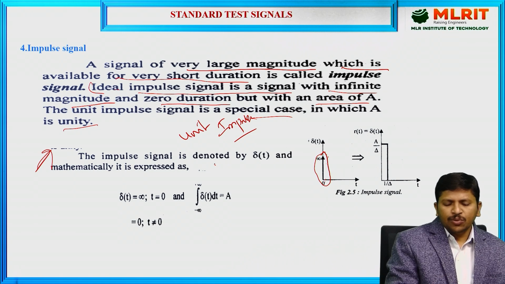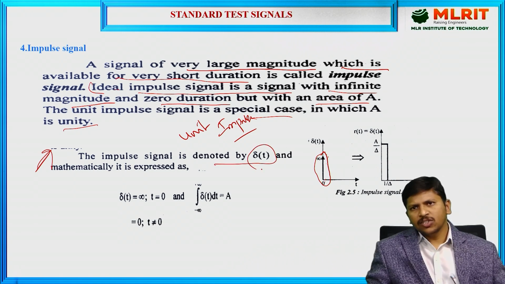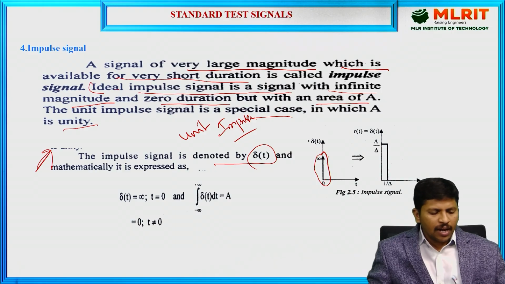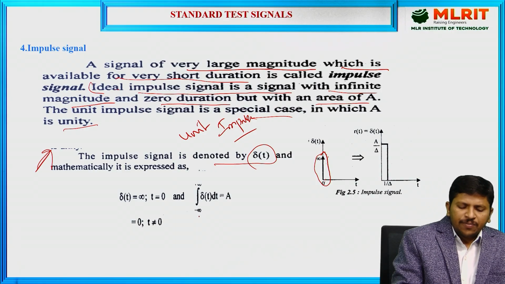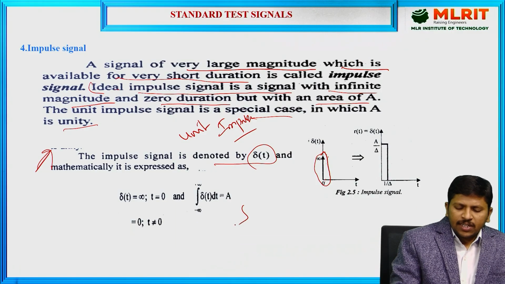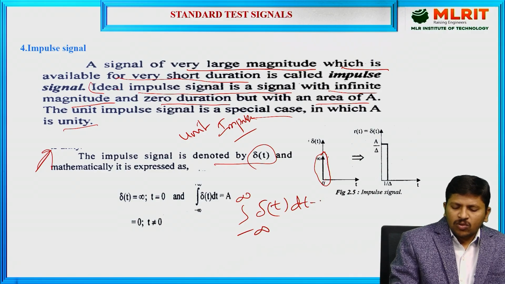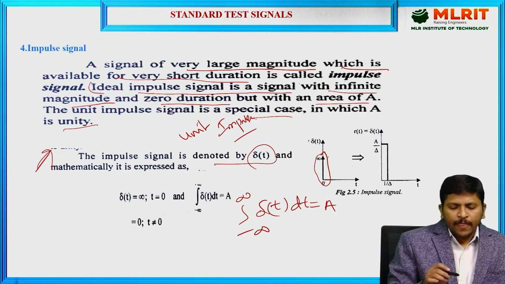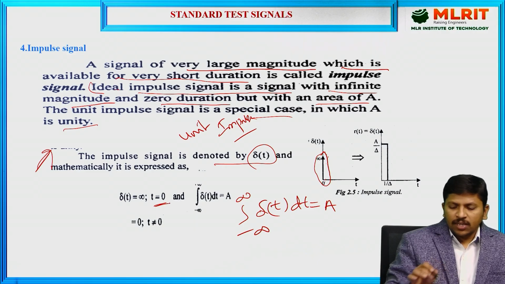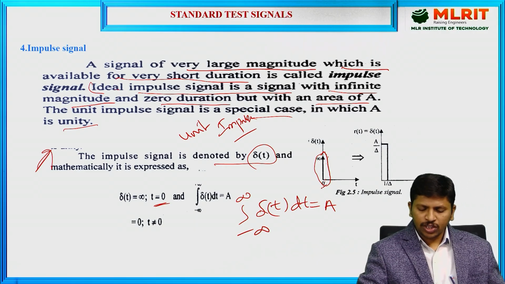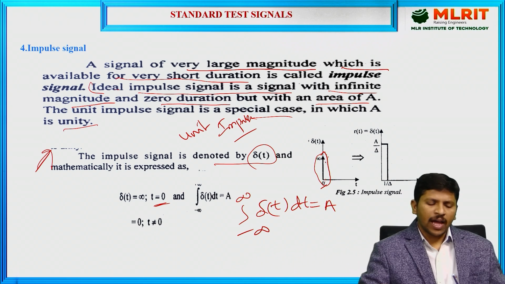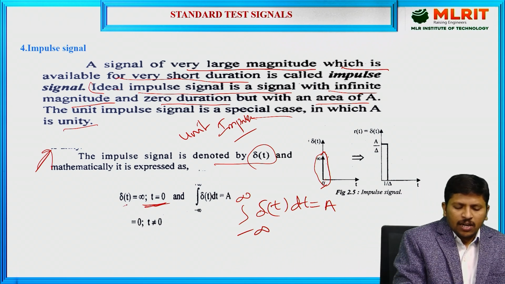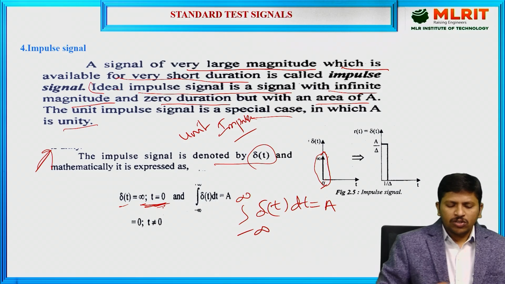It is denoted by del of t, and from minus infinity to plus infinity, the integral of del of t dt equals to A. If t equals to 0, del of t is going to be infinity, meaning a large magnitude value.